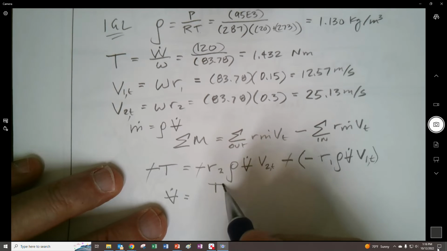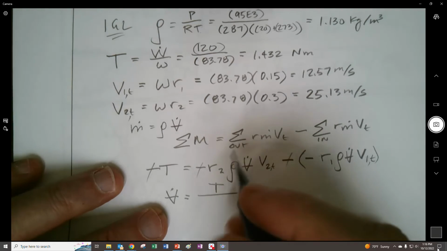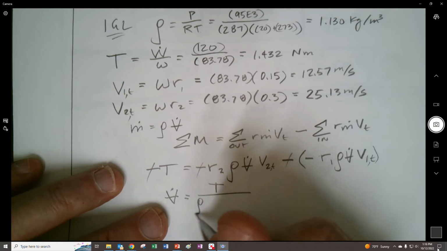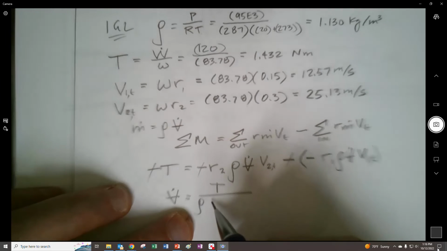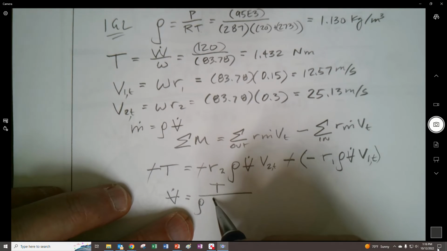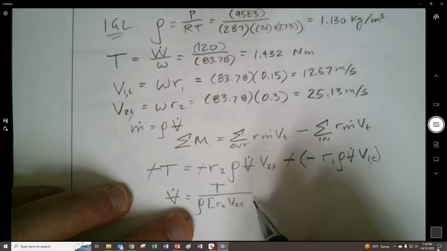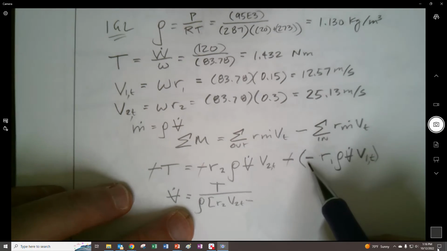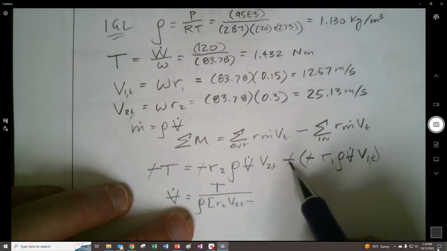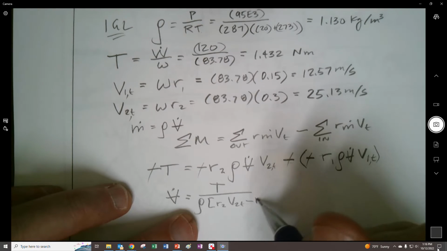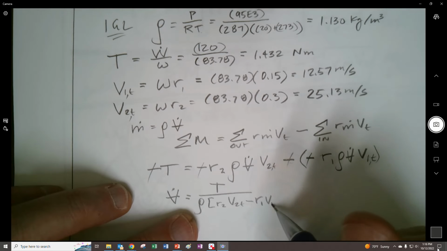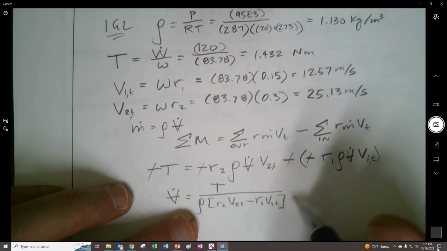And so I'm going to take the torque and divide it by my density times my R2 V2t, and that's going to be minus, so this one is still minus, sorry, R1 V1t. I think I got that right.